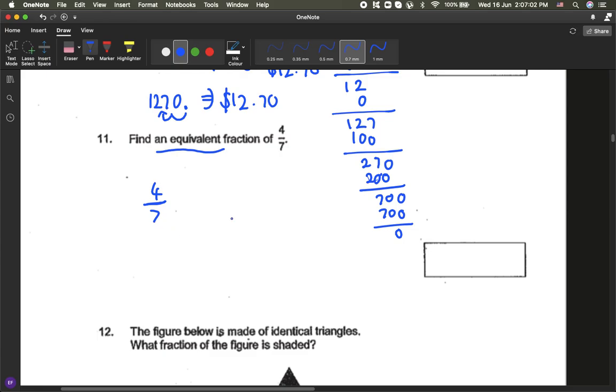So what we can do instead is multiply by a common number on 4 and 7. So that can be 2. We multiply this by 2 and we get 8/14. So this is actually the answer. Okay.